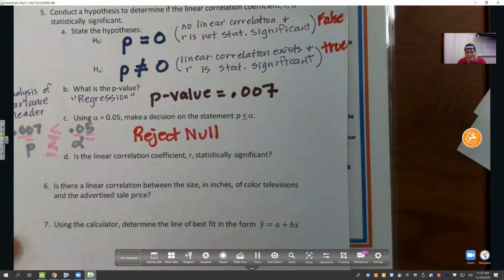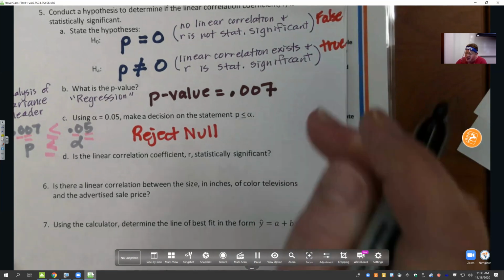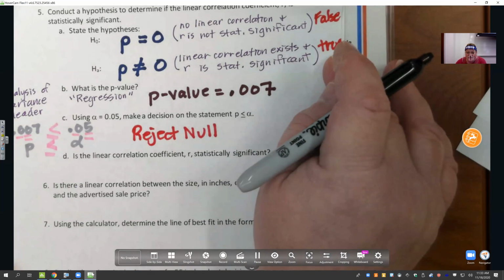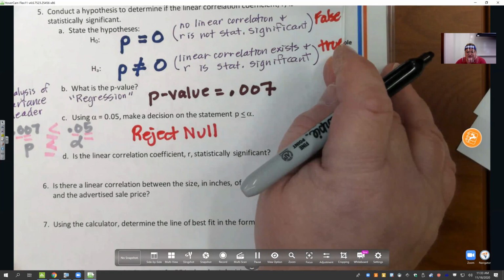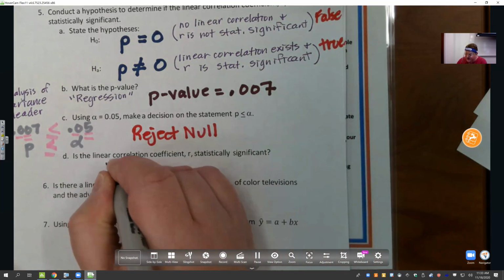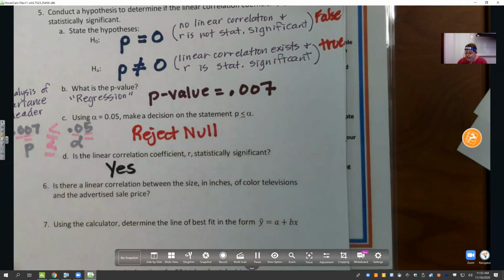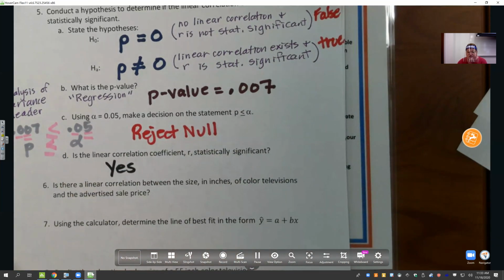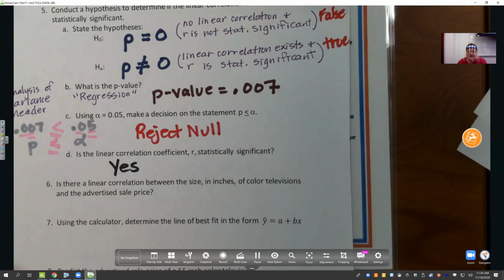So the follow-up question says, is the linear correlation coefficient statistically significant? The alternative is true. The alternative means that R is statistically significant. So I'm going to say yes, the linear correlation coefficient R is statistically significant.